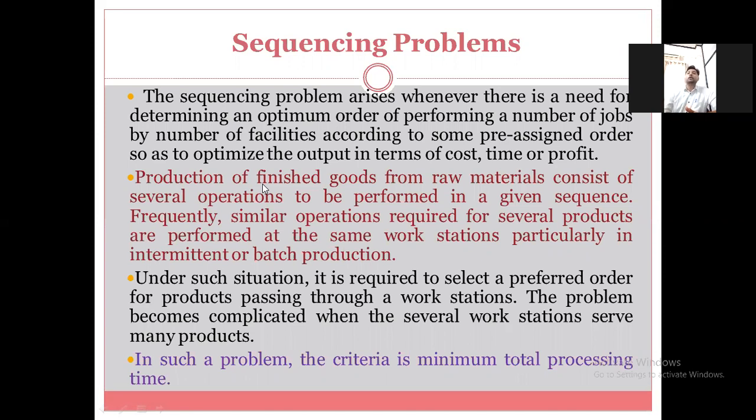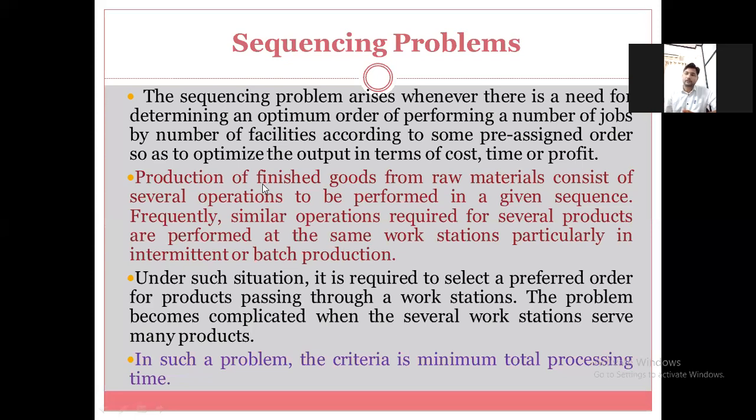A sequencing problem arises whenever there is a need for determining an optimum order of performing a number of jobs by a number of facilities according to some pre-assigned order, so as to optimize the output in terms of cost, time and profit. Production of finished goods from raw material consists of several operations to be performed in a given sequence.